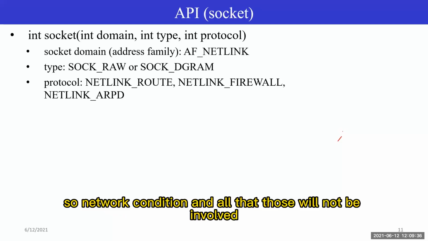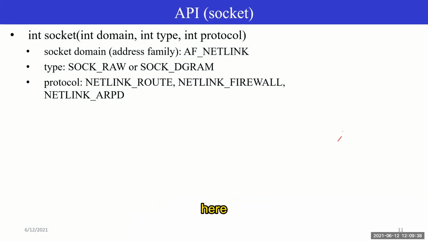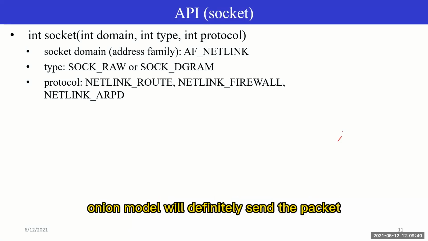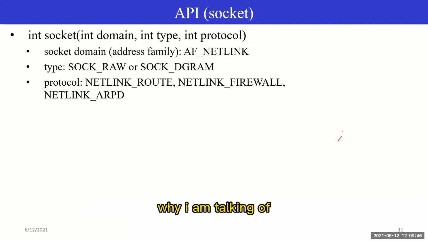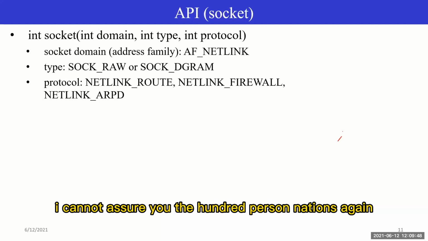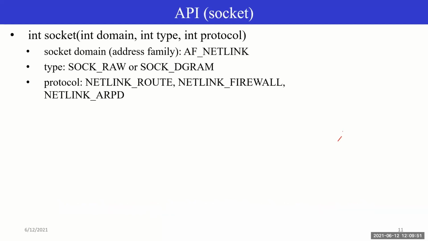So network congestion and all that will not be involved here. So the kernel module will definitely send the packet and it will be queued in the socket queue. Again, I cannot give you a 100% assurance, because of the limitation of resources.